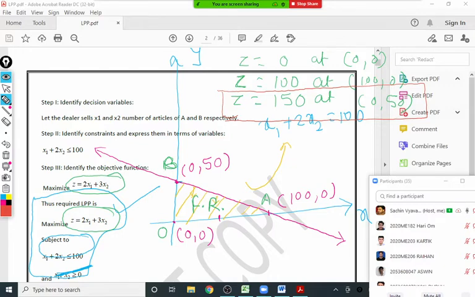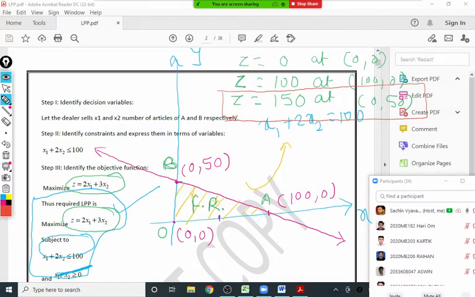Sir, can you repeat? At 100, 0, it's 200. Yes, it should be 200. Correct, it is 200. Someone said 100 to me, but that is incorrect.